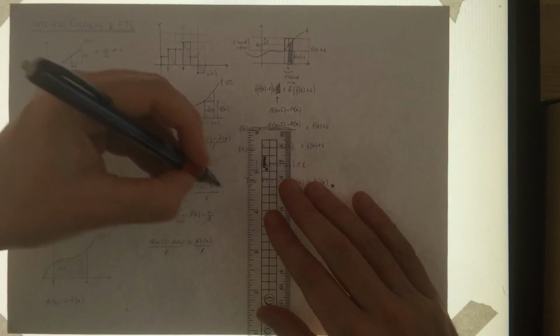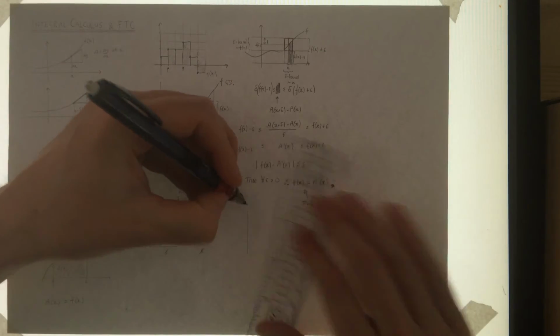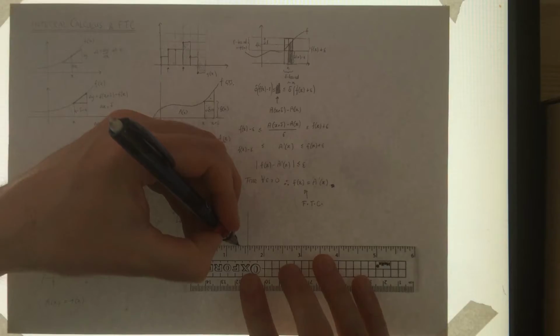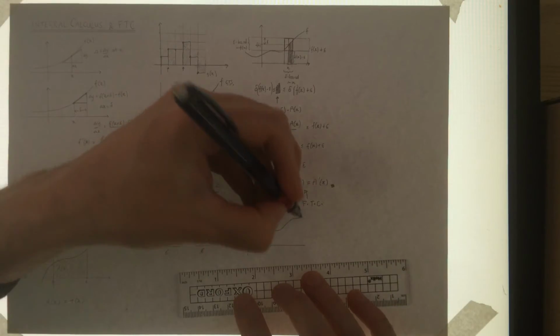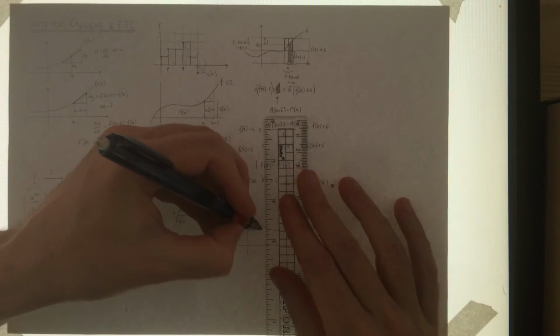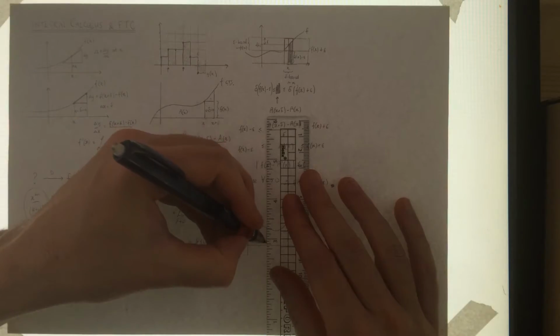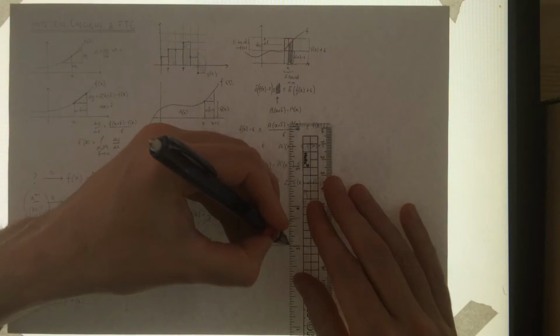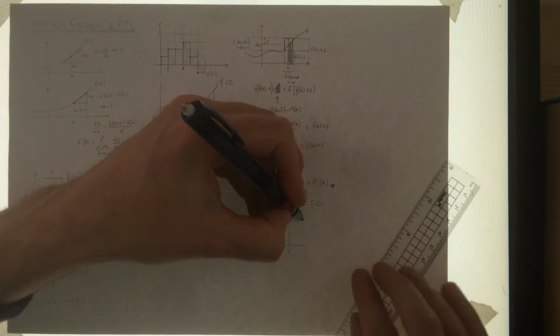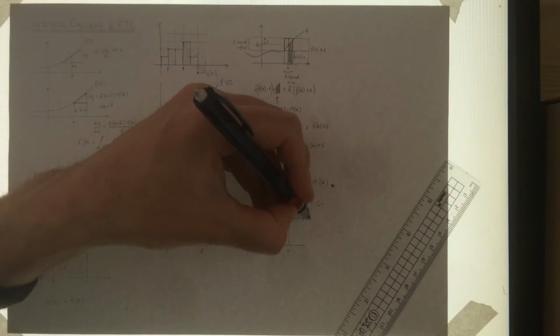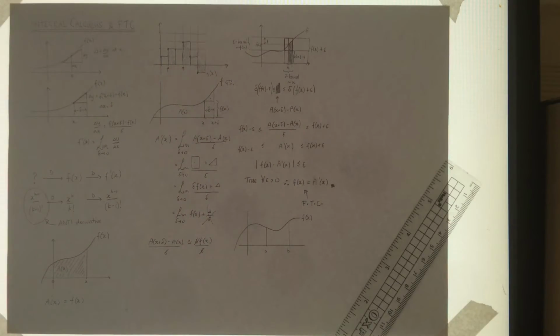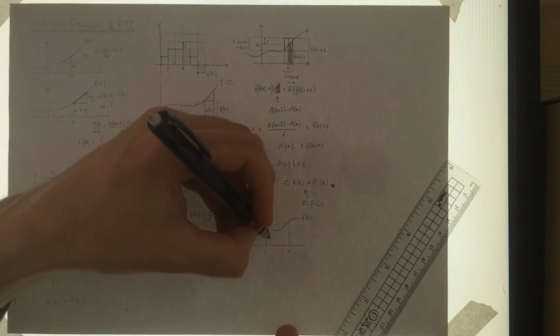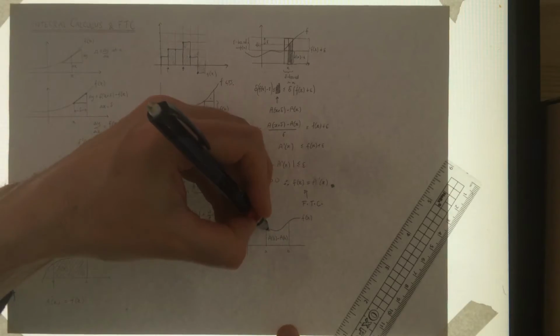Now suppose you have a function and you want to find the area between 2 points, A and B. So this area is just going to be area for B minus area for A, isn't it?